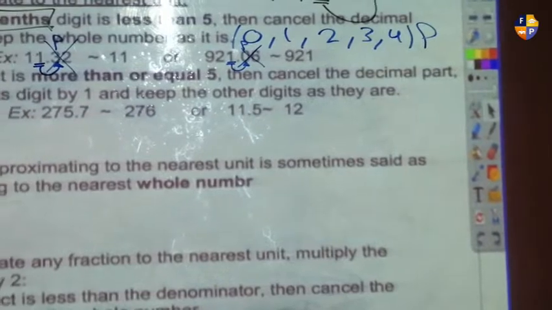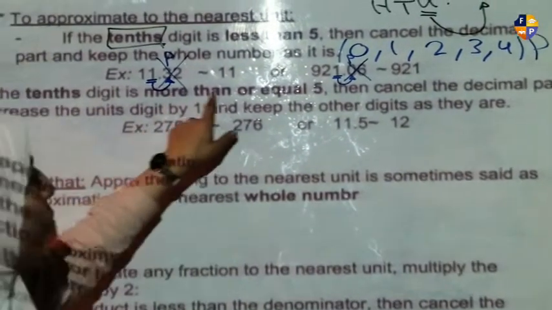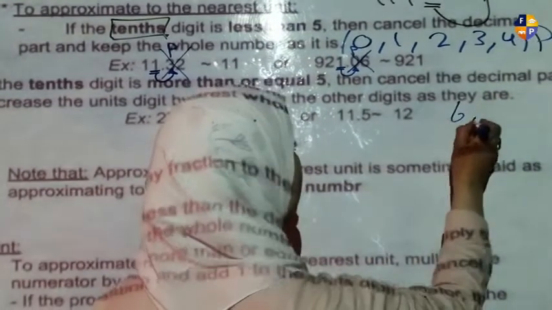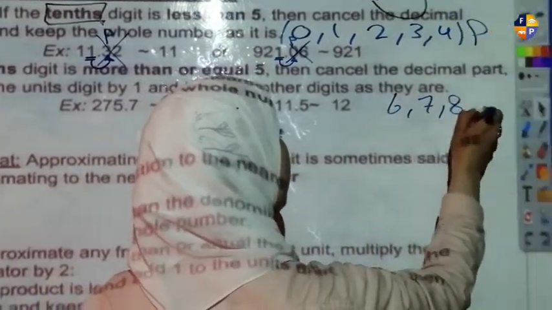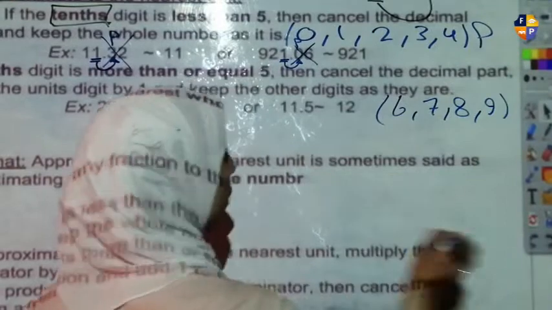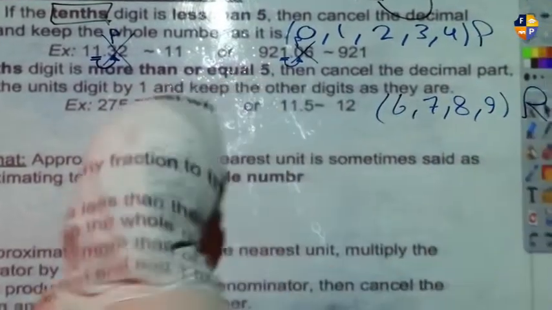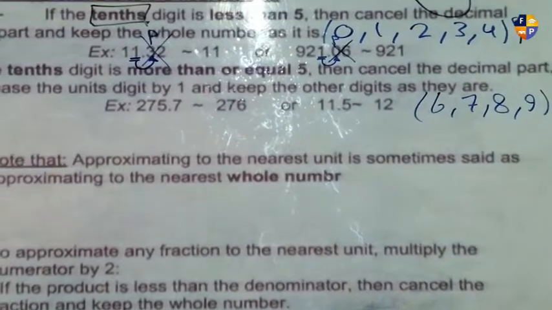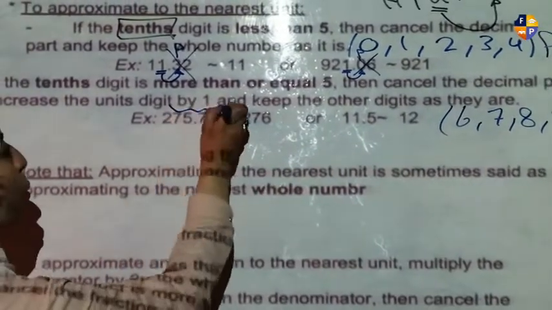And in case the tenths digit is more than or equal to 5, as 5, 6, 7, 8, or 9, this group is rich. So cancel the decimal part and increase the units digit by 1 and keep the other digits as they are.